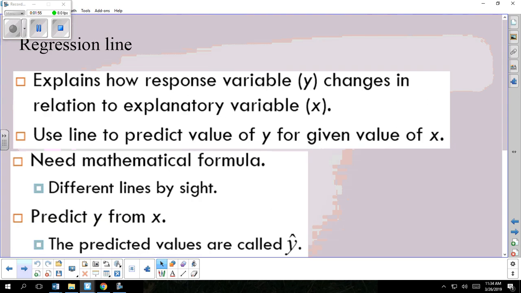So the regression line explains how the response variable changes in relation to the explanatory variable. We use the line to predict the value of y given a value of x. So we want to use that line to find a value of our explanatory variable, plug it in, and see what it would predict for that value of y.